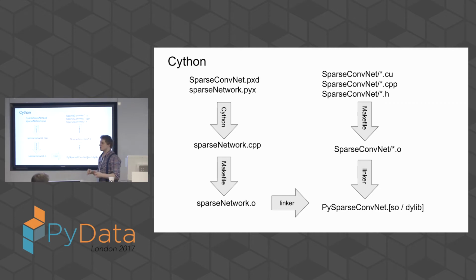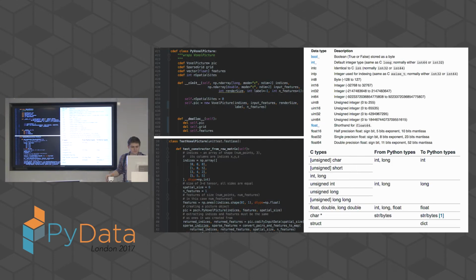So in our implementation, we decided to compile our Cython object separately, compile the object files of sparse convnet in parallel using a makefile, and then relink them together in a second go. And we get the proper shared object that we can use as a Python module.